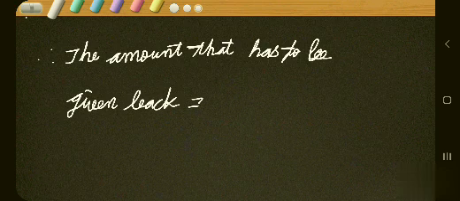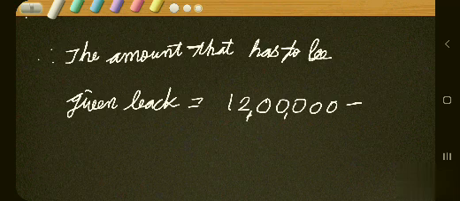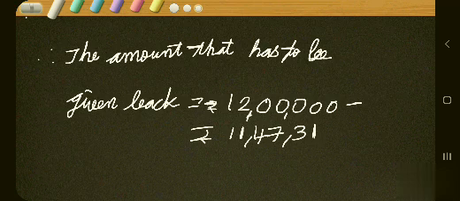How can it be found? Yes, we have to subtract the amount from the amount given, isn't it? So rupees 12 lakh minus rupees 11 lakh 47,315. Okay, let's start subtracting.